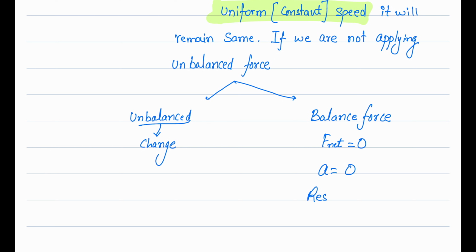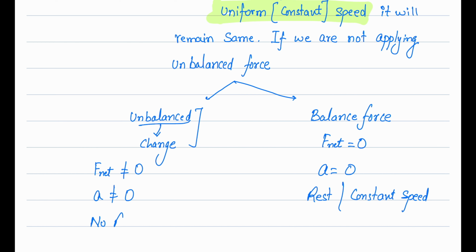Either rest or constant speed. Clear? Sure. And if there is unbalance, F net not equal to 0, acceleration not equal to 0, then no rest, no uniform motion.